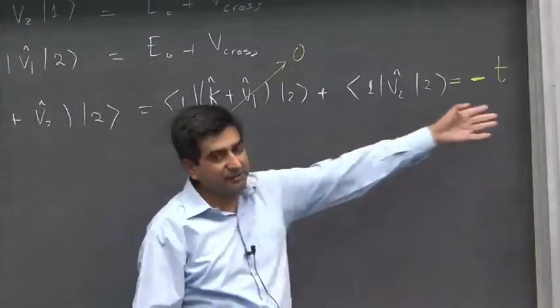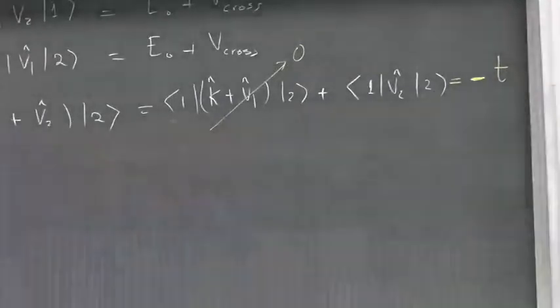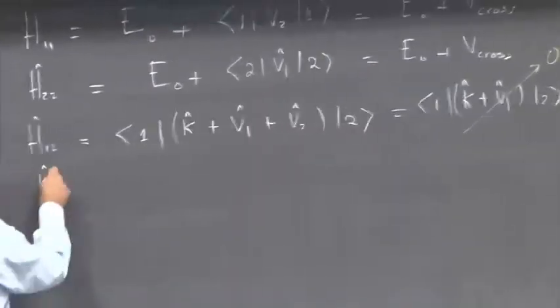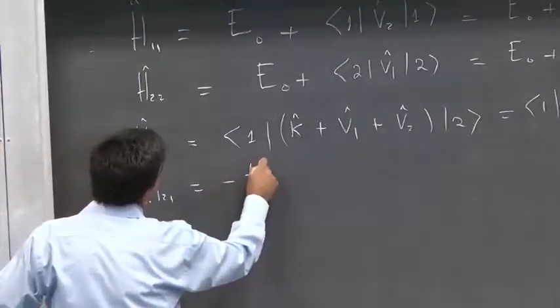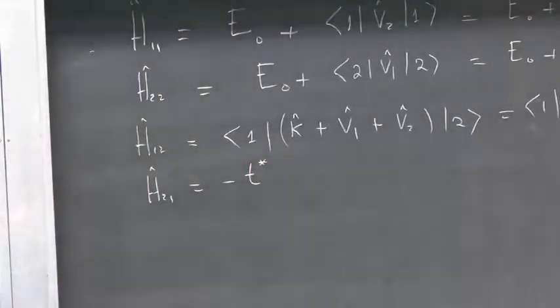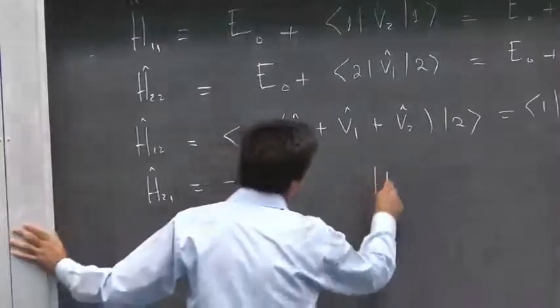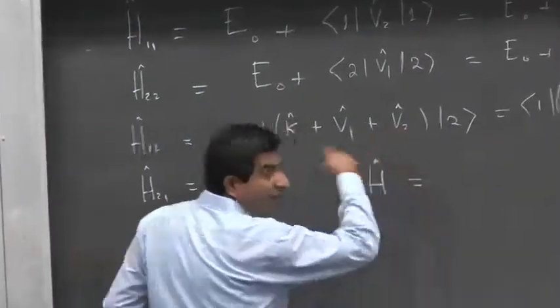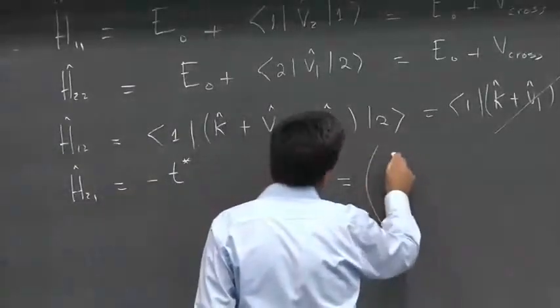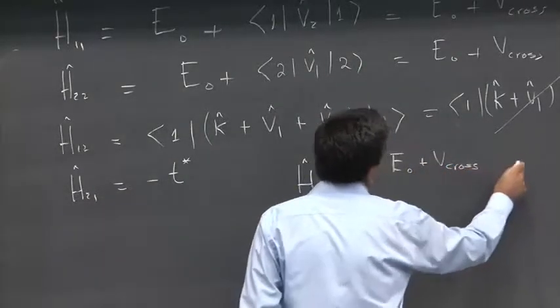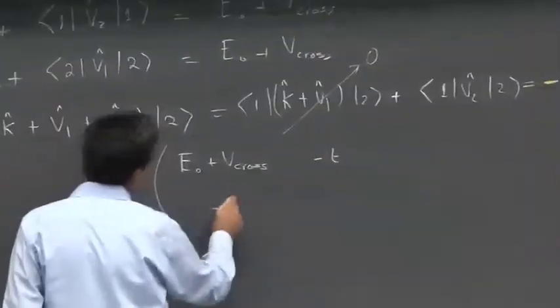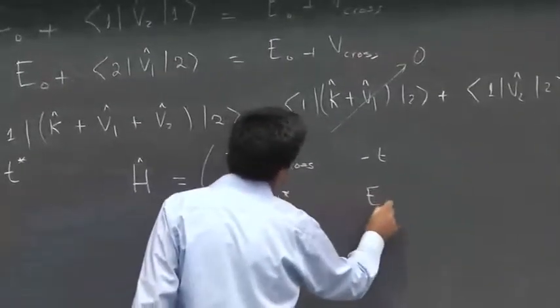So this is minus T. Likewise, H21. Since the Hamiltonian is Hermitian, this has to be equal to minus T star. So the Hamiltonian for the system in the basis of the atomic orbitals, in the ket 1, ket 2 basis, is given by E naught plus V cross, minus T, minus T star, E naught plus V cross.